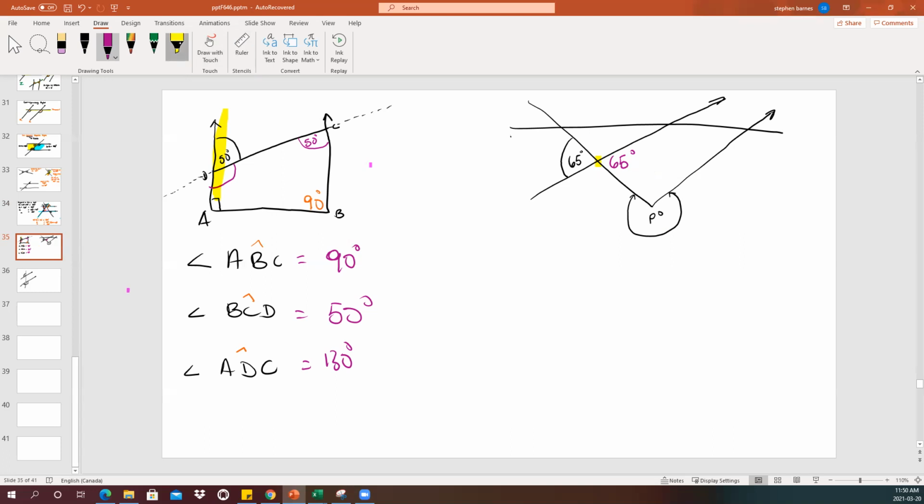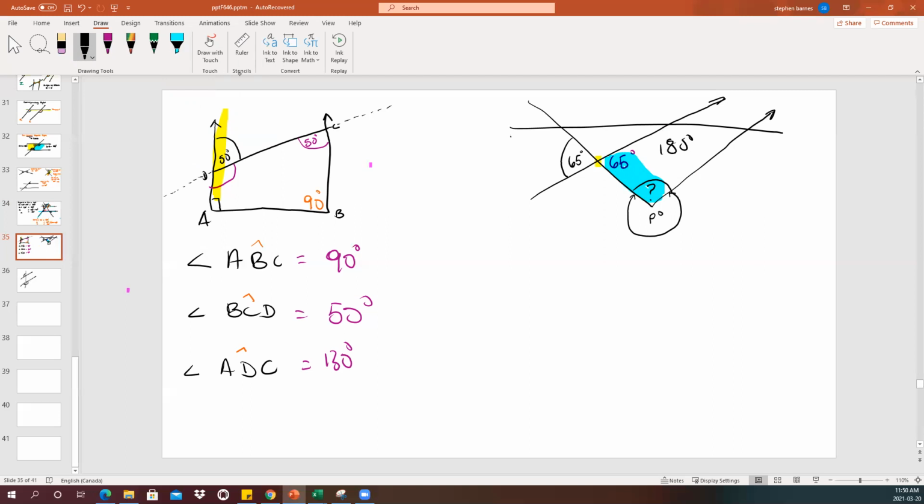So now that I've identified that this is 65 degrees, I'm going to say that these are interior angles, right? Now, it's interior to an angle that we don't need to find, but we're going to find it just the same to help us find this angle here. So it's interior with this, so we know that they should sum to 180 degrees, right?